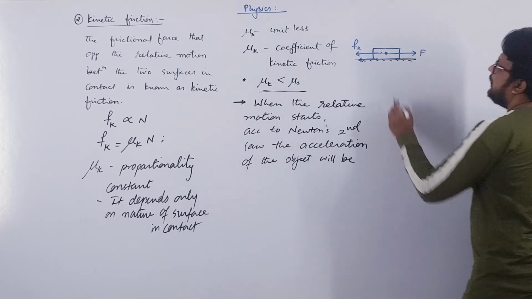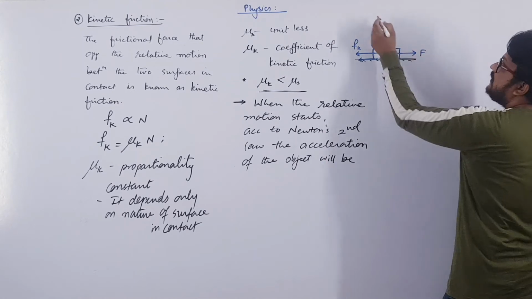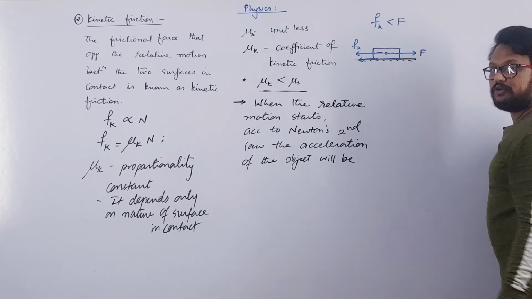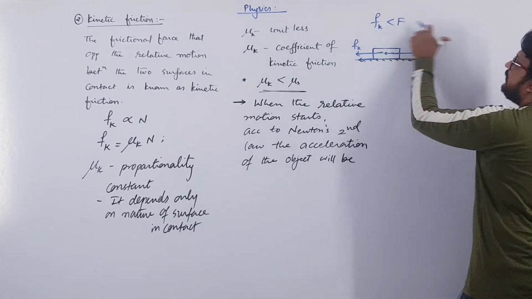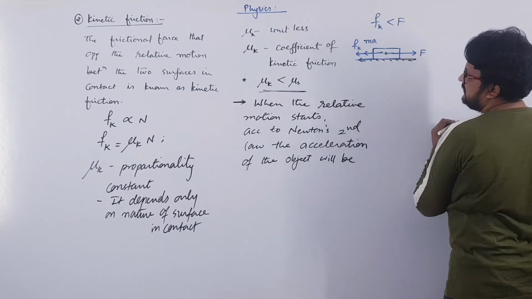Right, so here you are applying Fk. Now suppose body is moving in this direction, because this force is here, Fk is less than applied force, then only the object will come into motion, right? So here suppose body is moving in this direction, then you can say that pseudo force ma is acting in this direction.